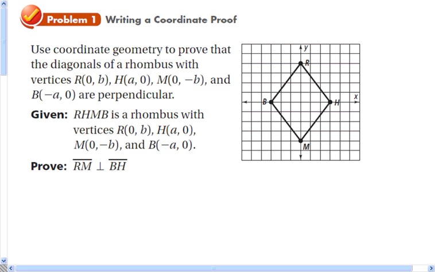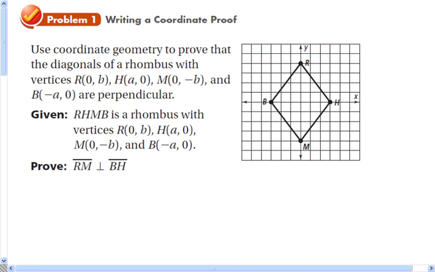We're going to use slopes, and the fact that any vertical line is perpendicular to any horizontal line, and we can use slopes to show that they're vertical and horizontal lines. Remember, all vertical lines will have an undefined slope, and all horizontal lines will have a zero slope. So we're going to use the slope formula.